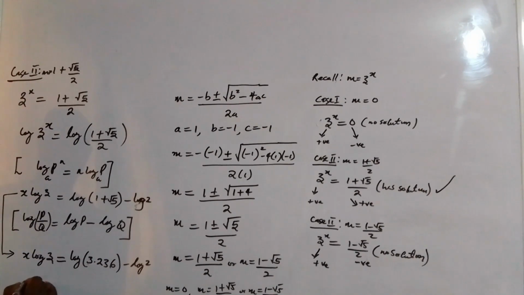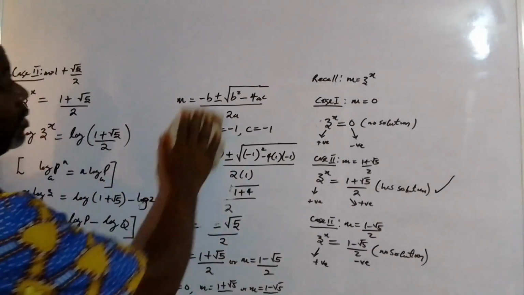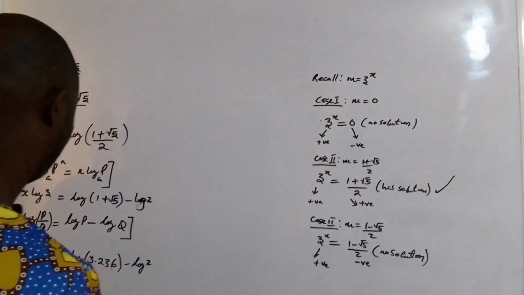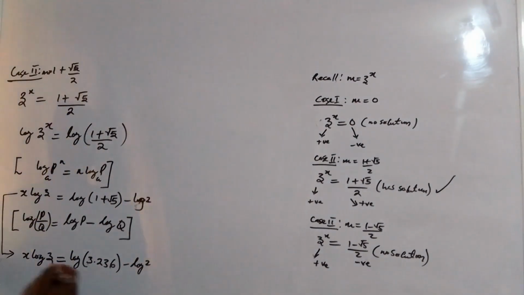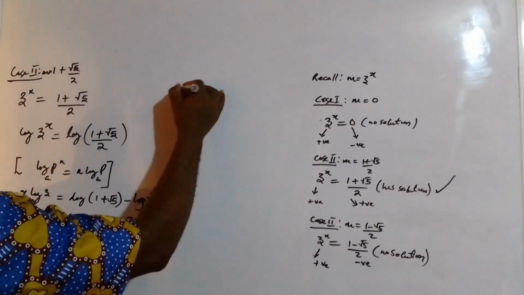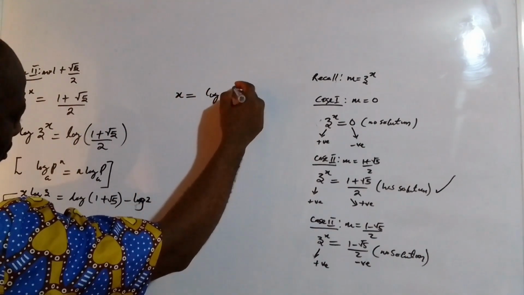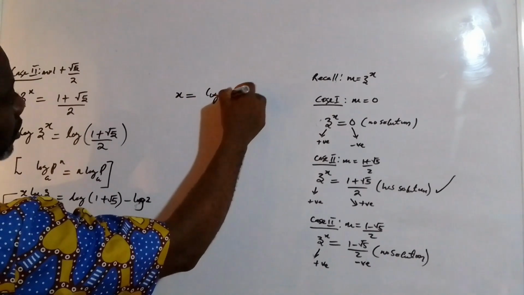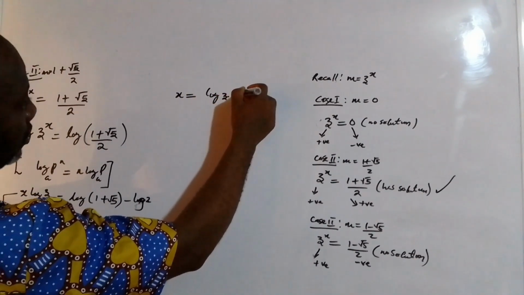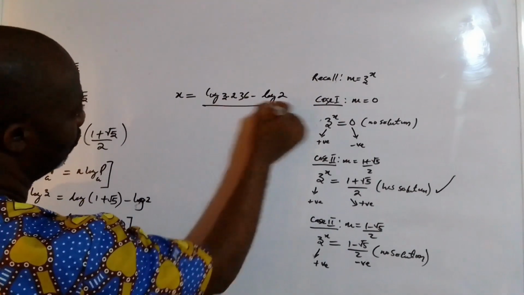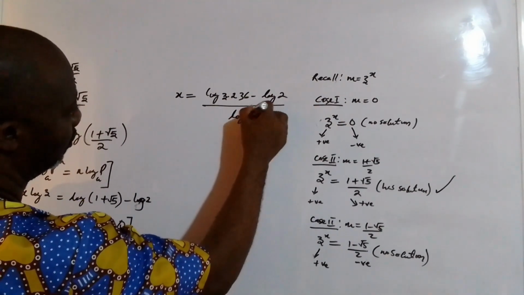So x will be equal to (log 3.236 minus log 2) all over log 3.